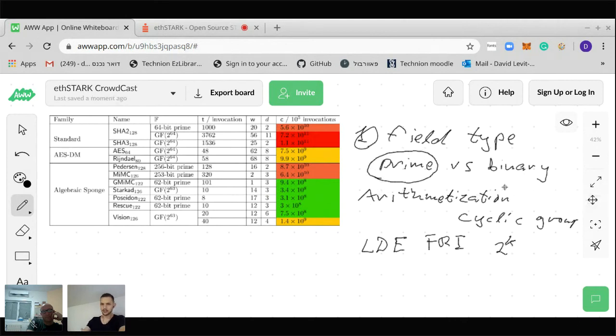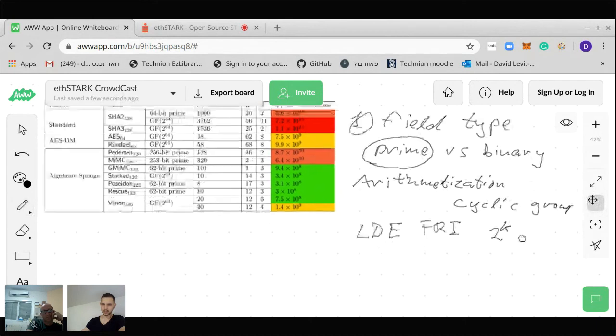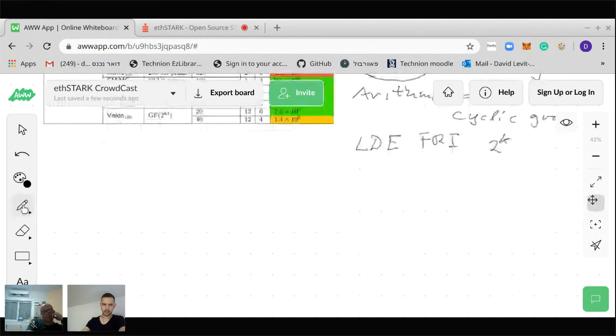Okay, so this is one consideration. There still can be Starks over binary fields, but they are quite more difficult, not extremely more difficult, but it is a consideration. Okay, so the second consideration is the field size.